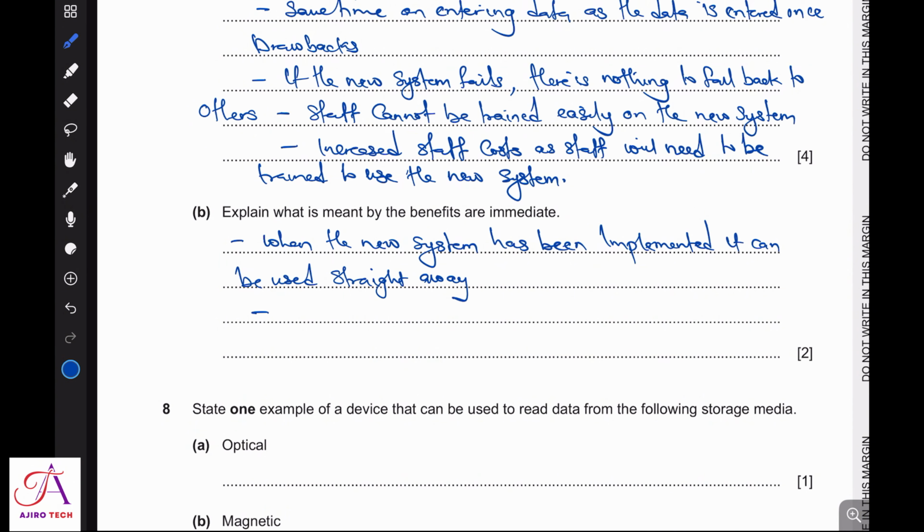Another point is the whole system is implemented at once.